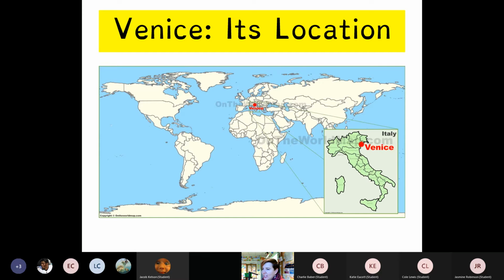So here's Venice, right in the armpit of the boot. So this is all North Africa. Anyone know what these countries here are? So you've got the Mediterranean all around here, Spain, Portugal, France.